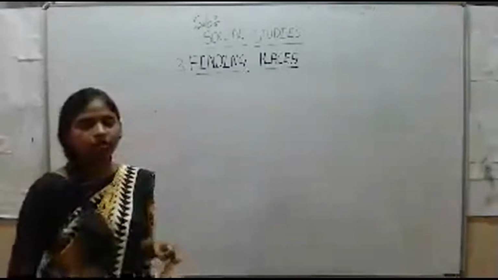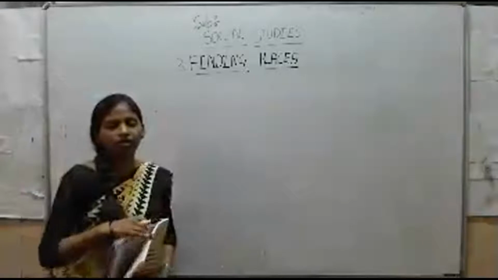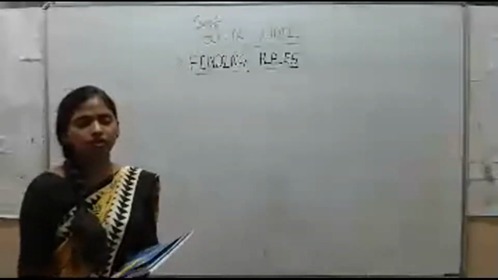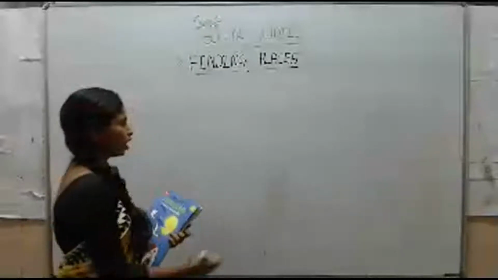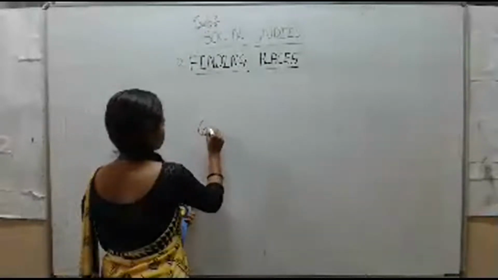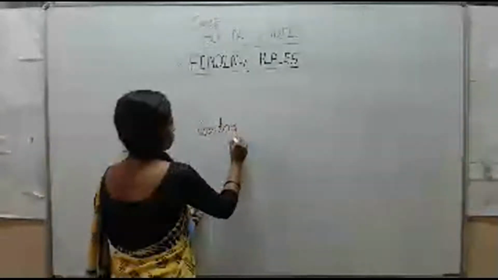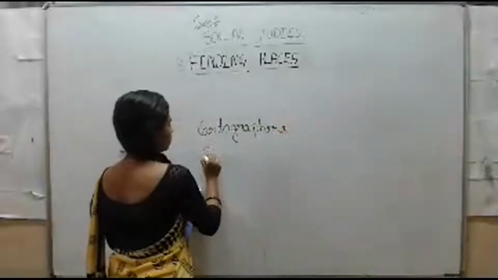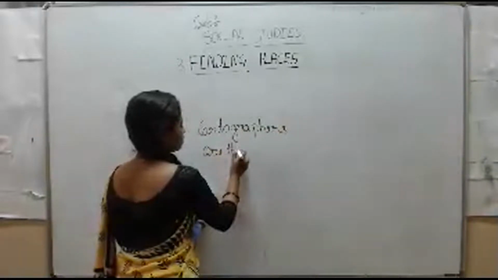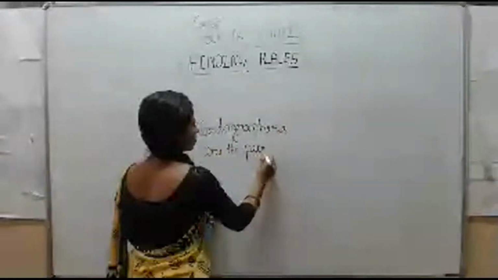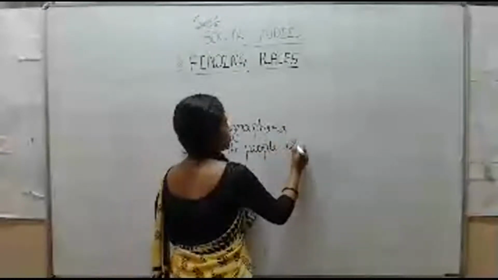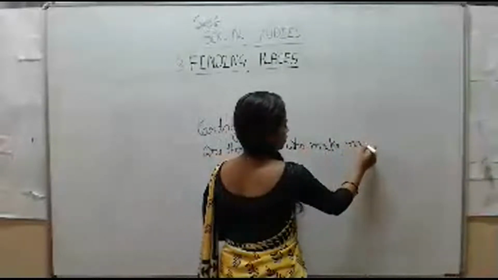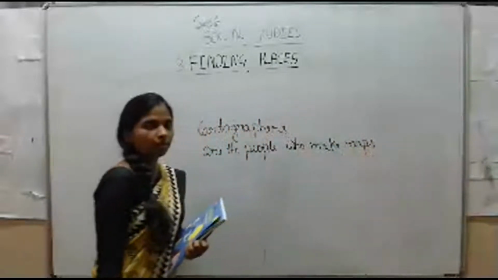So in this chapter, we have also learned that the people who make maps are known as cartographers. Cartographers are the people who make maps.